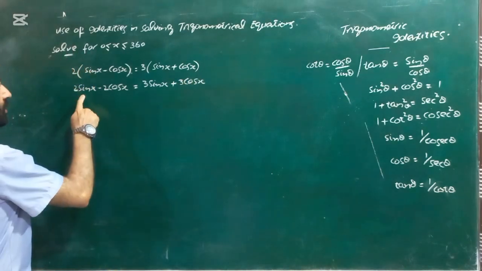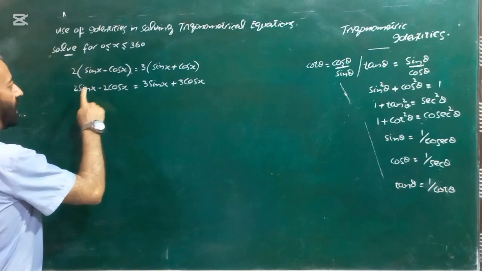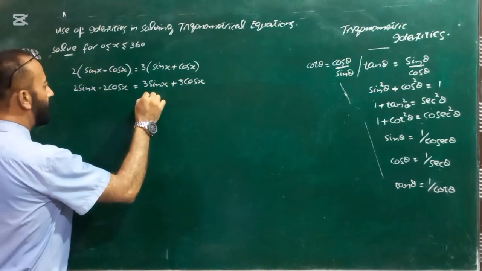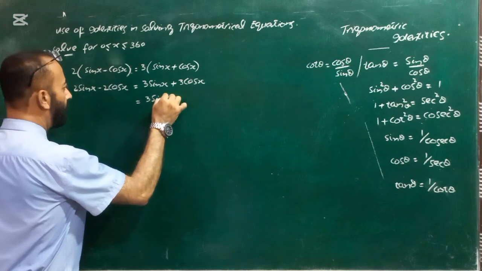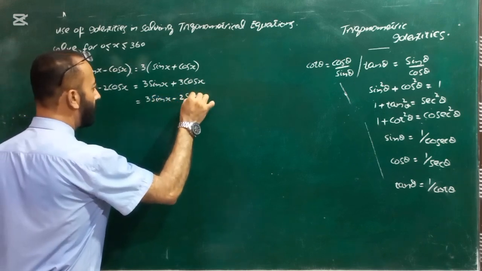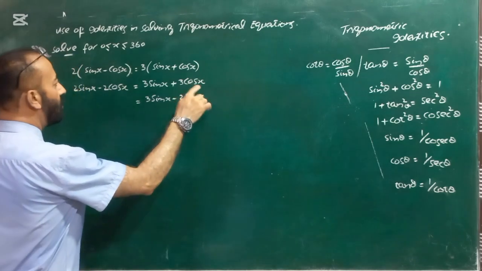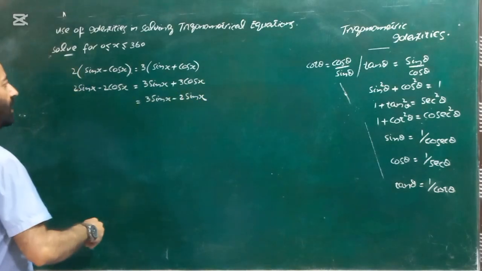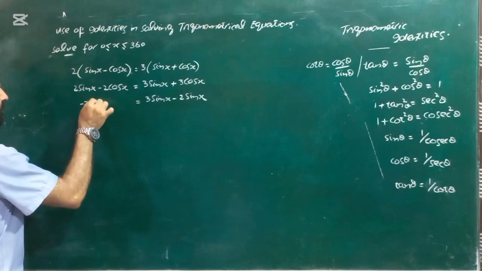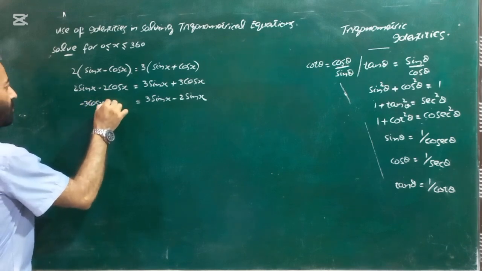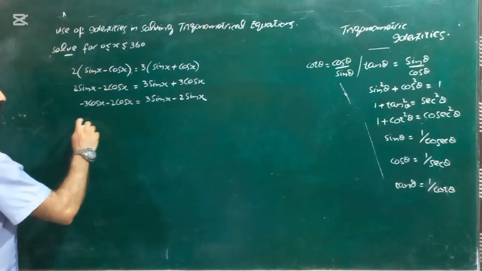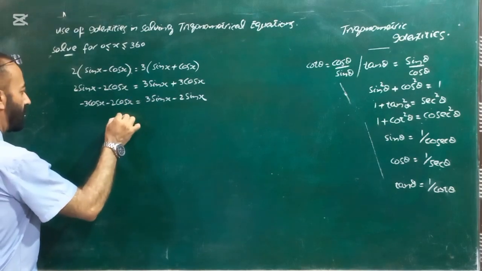Okay. Shift this 2 sin x to right hand side. So it will become 3 sin x minus 2 sin x. And this 3 cos x will come to the left hand side. So minus 3 cos x. And this minus 2 cos x is still there. So the next step, it will become now minus 5 cos x.